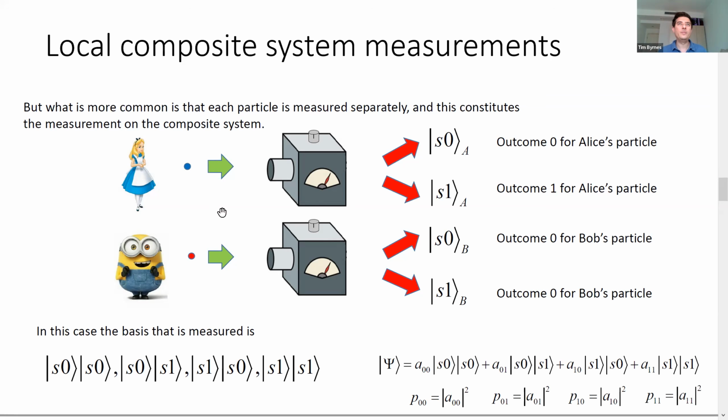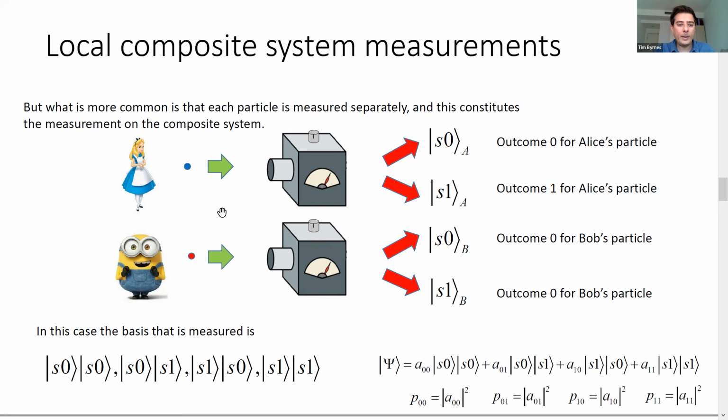It's a little harder to imagine, although we can talk about this later, how you measure these 2 particles at the same time and get measurement outcomes, but it is possible. But this is the more natural situation that you often end up doing.